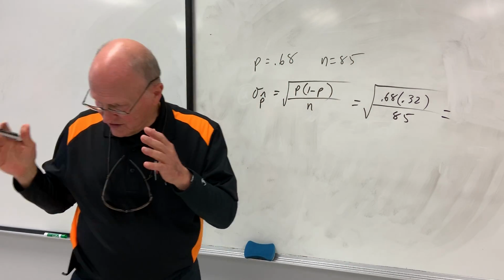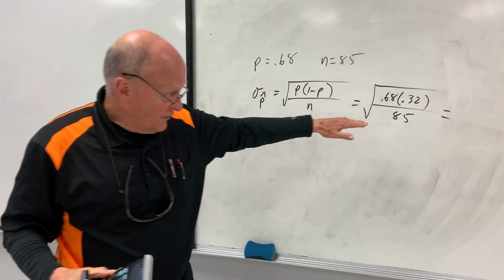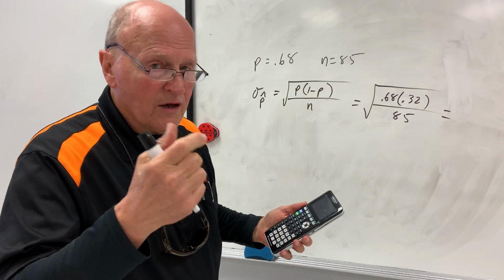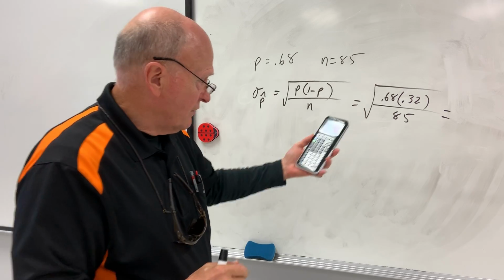Since they're asking us to give that number, we're going to work it out. Remember, when we use it later, we probably won't work it all the way out because our answer will be more exact if we don't, but for right now we will.